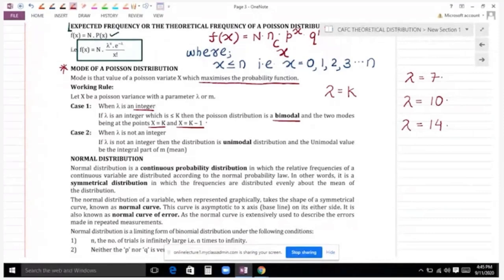And now case number two, when lambda is not an integer. If it is not an integer, then definitely it will take values with a decimal point.